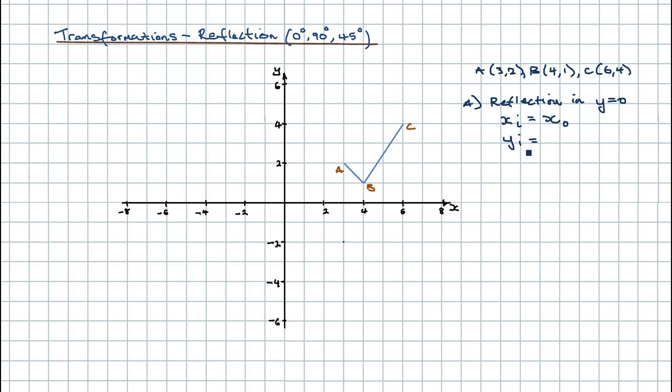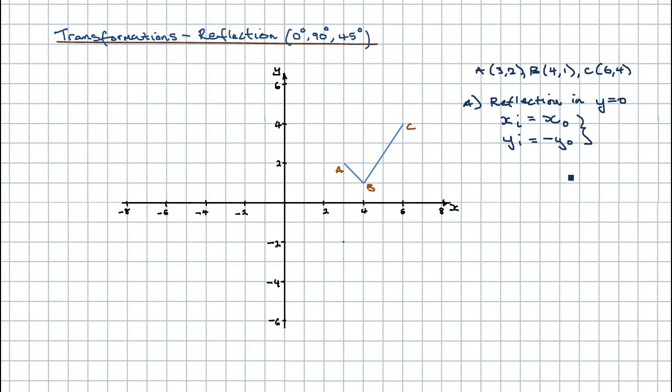However, the y coordinate of the image is going to be the one that changes. It's reflected in the x-axis, so it's going to be the negative of whatever the y coordinate is of the object. It changes the sign of the y coordinate of the object.